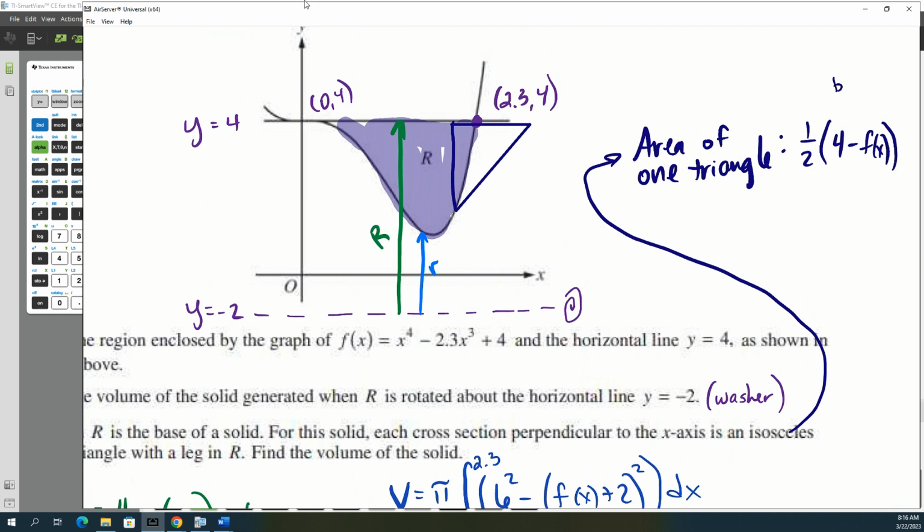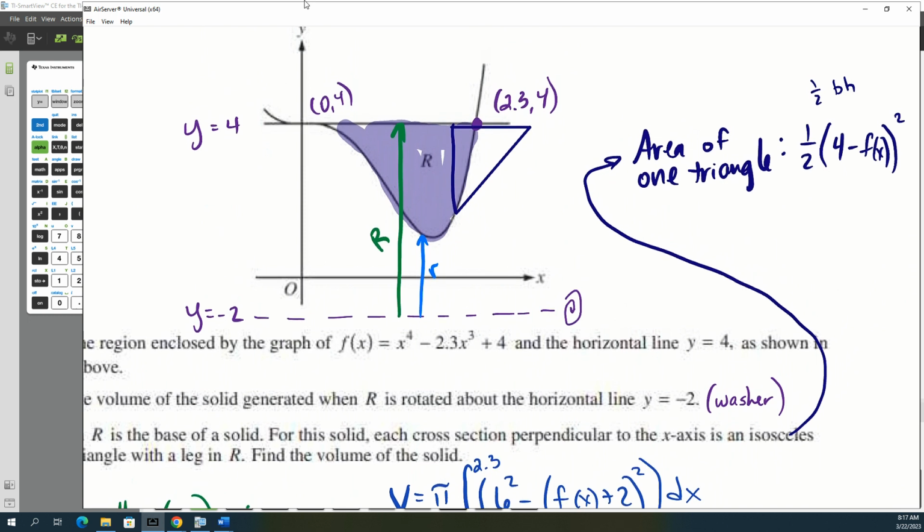And since we're doing base times height, and they're both the same, what would I do with that? Square it. Good. All right, are you okay with that? Ish. So that's one triangle. We have to add up all of them, so it's going to be an integral.